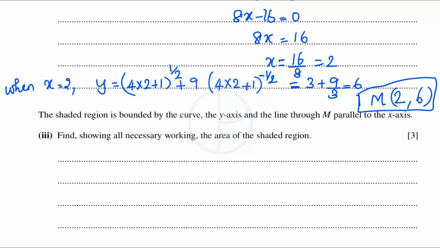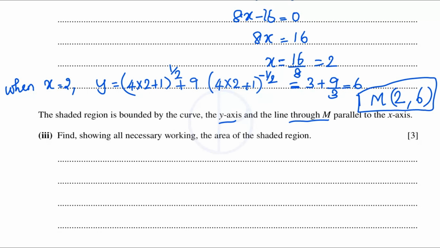So we need to find the equation of the line through M which is parallel to x-axis. Okay, so if you solve this one, then the question will become very simple.